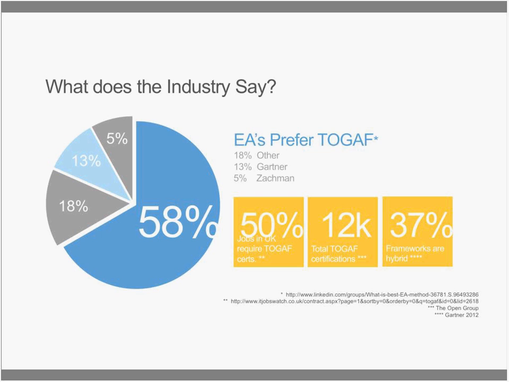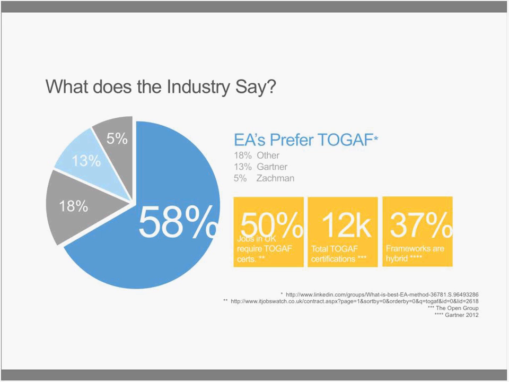A distant second is a mixture, which oftentimes includes TOGAF in some form, which is your pragmatic enterprise architecture frameworks of the world that leverage certain aspects of TOGAF. And then it drops down from there to Gartner and to Zachman.